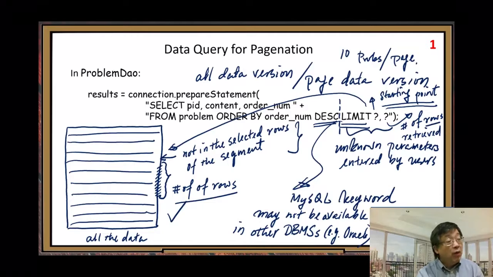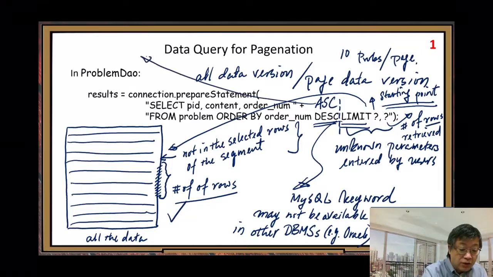But in our early testing, we may like to use the ascending order. Ascending order corresponds to the keyword ASC, okay? Ascending order is also the default.